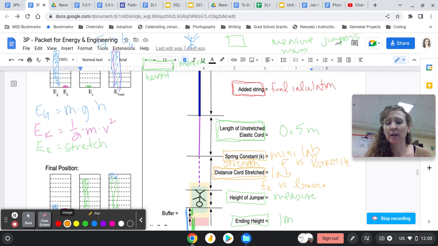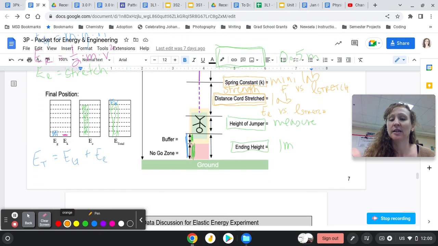So one note on our distance the cord stretched lab, this is going to be elastic energy versus length of our stretch. Now, elastic energy, we have talked about how this is the energy stored in the cord as it stretches. But how do we actually get this? And actually, our bar charts will help us get this. Notice that elastic energy here is related to the gravitational potential energy and the total energy.